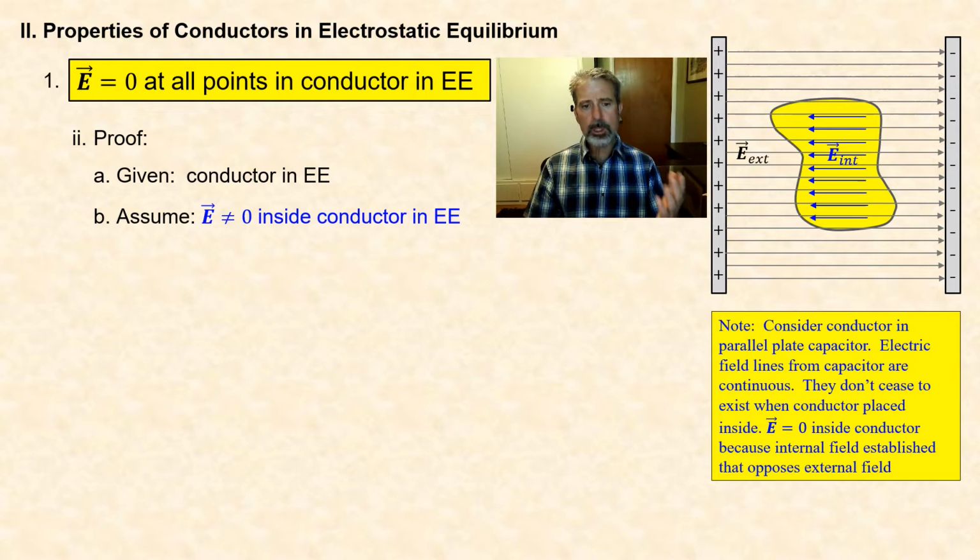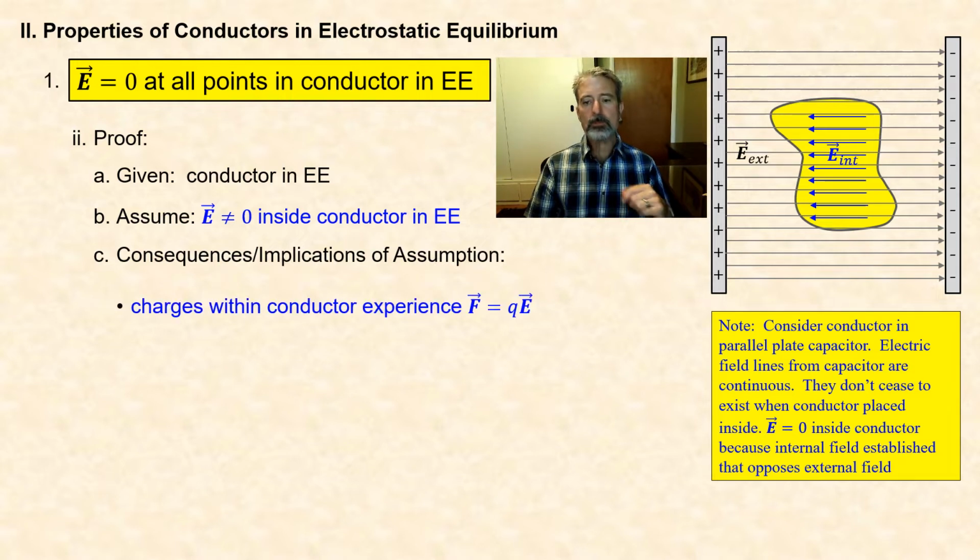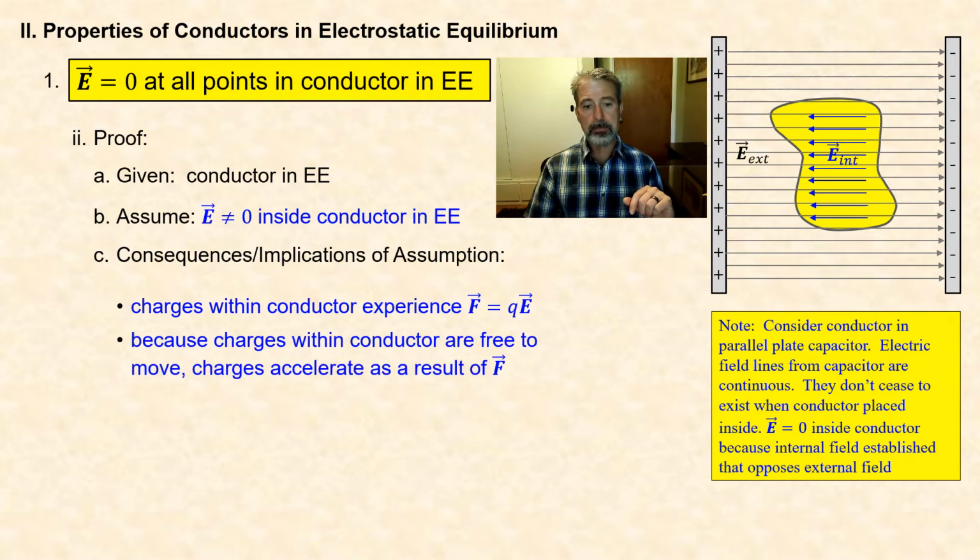So let's take a look. What would the consequences be if the electric field was not zero inside? Well, that would imply that the charges within the conductor itself would experience a force equal to the charge times the electric field strength inside, if it was not zero.